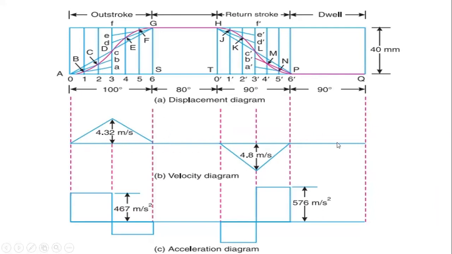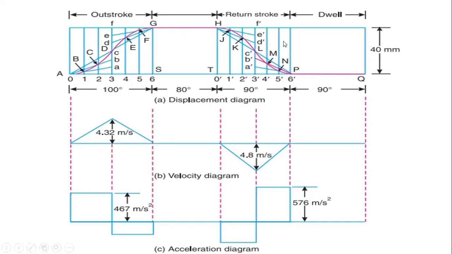Take the outstroke section with dotted lines and take the first value, the velocity for the outstroke, 4.32 meters per second. From the center of the section, that is from the third line, take the length 4.32 and draw a triangle.